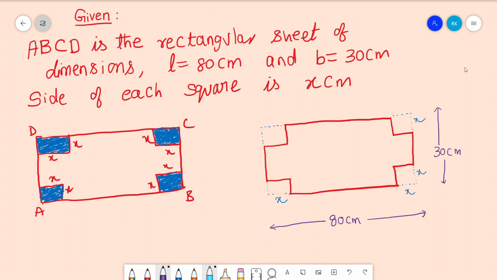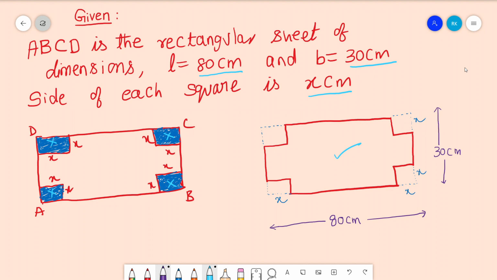We have to write what is given in the question. So in the given we can write ABCD is a rectangular sheet of dimensions 80 centimeter and 30 centimeter. Square of side x centimeter is removed from the corners of the rectangular sheet. After removing the squares, we get this figure.